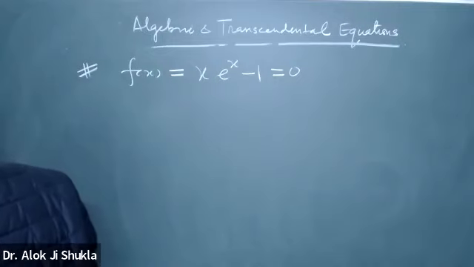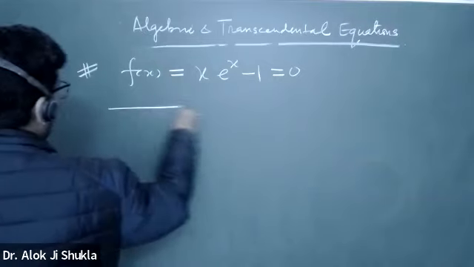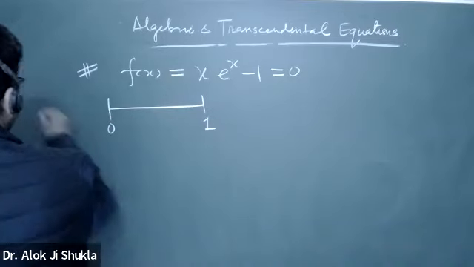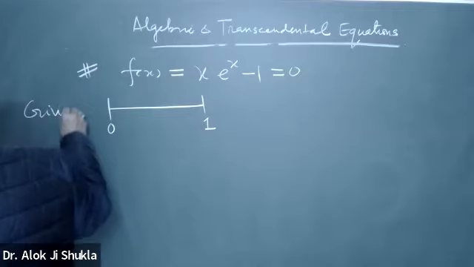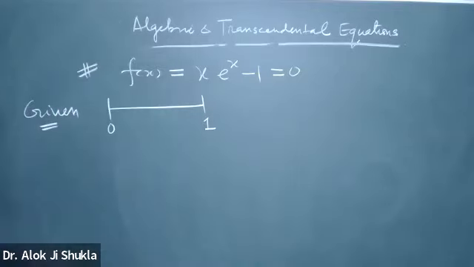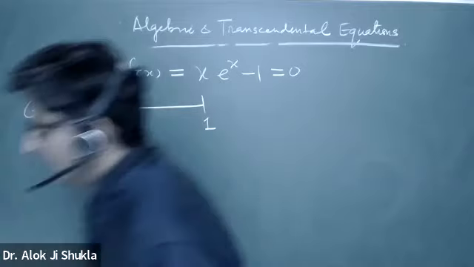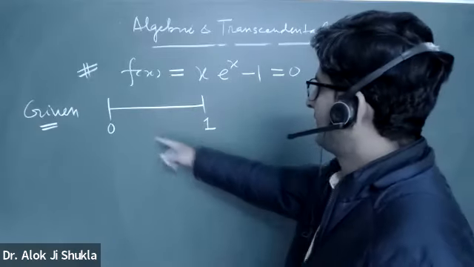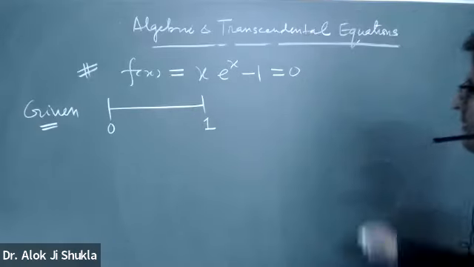And you have to find a root between 0 and 1. This is given. You have to find a root between 0 and 1. So let us do this. How to start? First of all, let us see whether there is a root between 0 and 1.